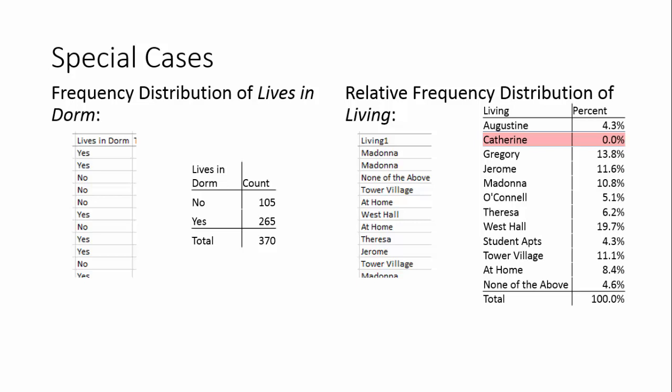It turns out that nobody lives in Catherine, but that doesn't mean that I should leave that out of my table. It's a bit of a judgment call. I actually had to add that in, in some sense manually, to make sure it was listed, but that might be something that's useful to somebody who is interested in the history of the university. It used to be that a lot of people lived in Catherine.